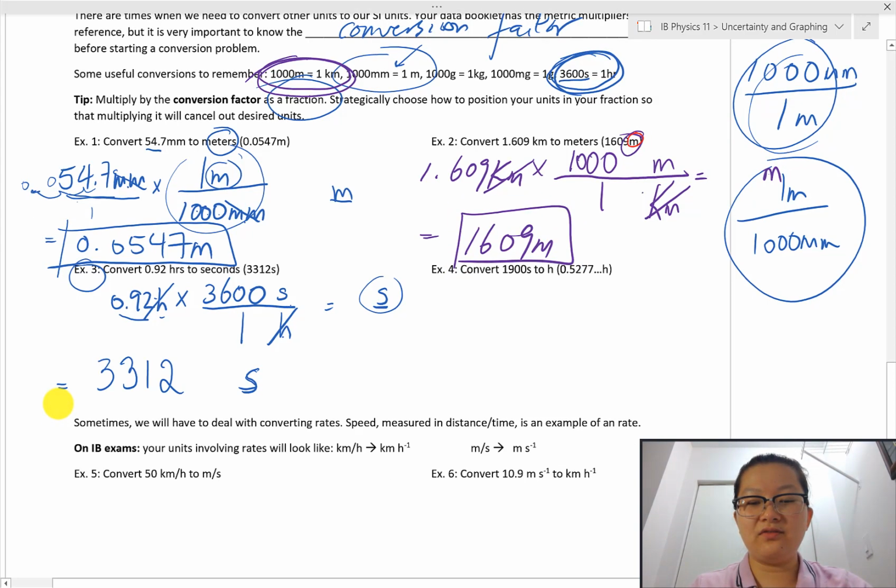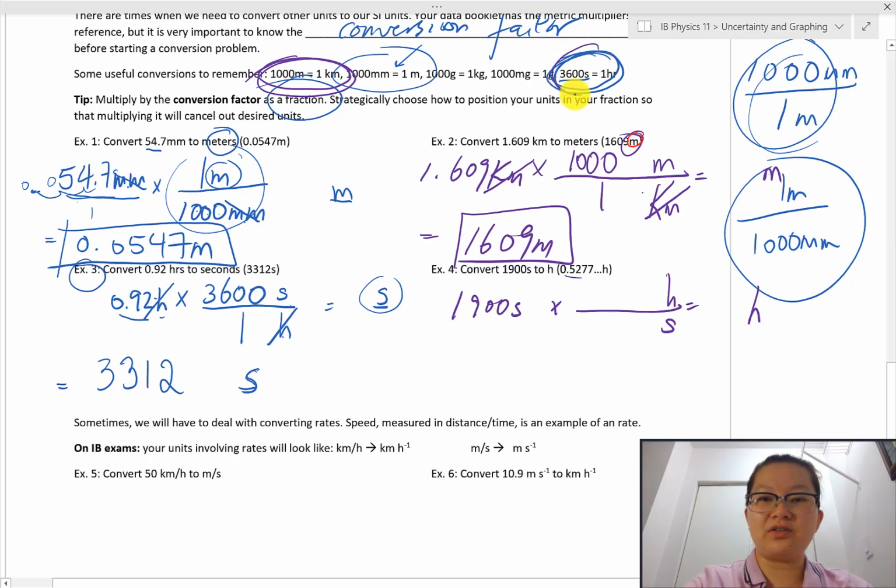Okay, question 4. Convert 1,900 seconds to hours. Okay, hey, I got the answer here. Interesting. Okay, so I'm going to write 1900 seconds. I need to multiply by some conversion factor that is going to get me hours. So I need the hours on top in my conversion factor and seconds on the bottom. So if I go to our conversion factors here, that is 3,600 seconds on the bottom and 1 hour on top.